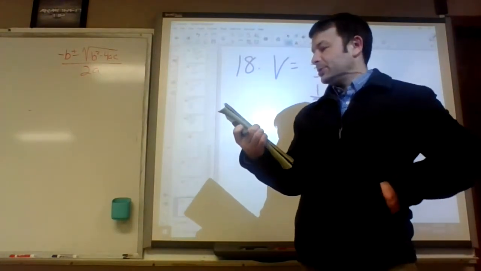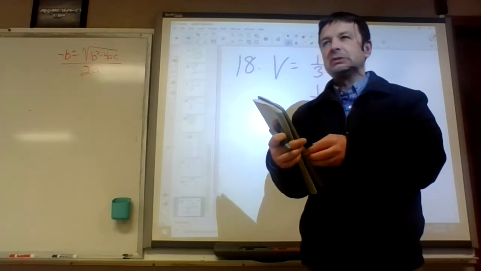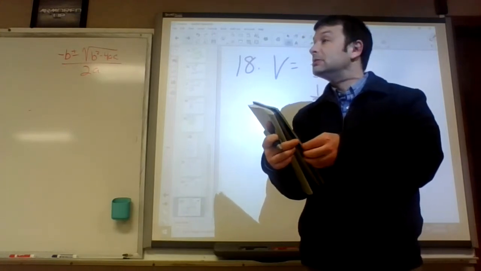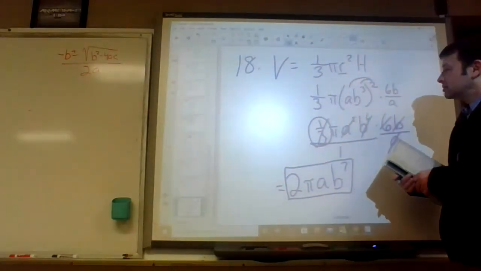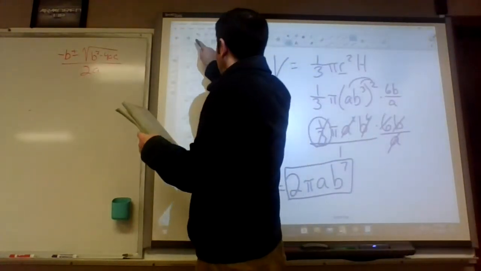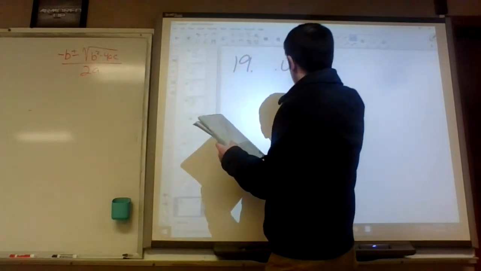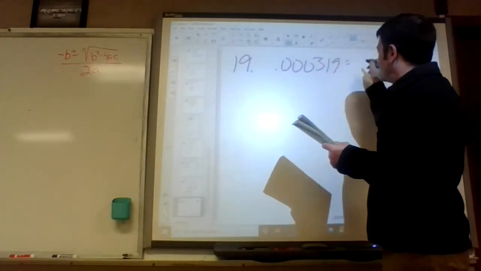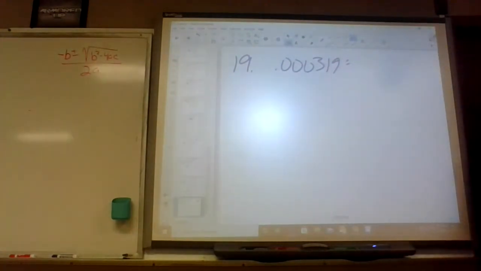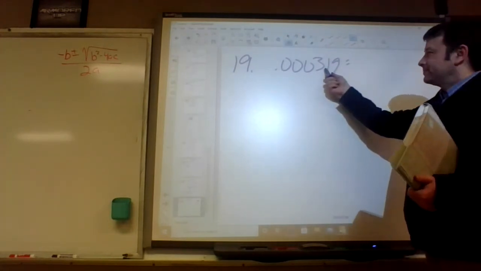19. We're supposed to change that decimal number into scientific notation. You guys remember how to do 19? 0.000319 equals what? Okay, where's the decimal supposed to go in scientific notation? Behind the first number.